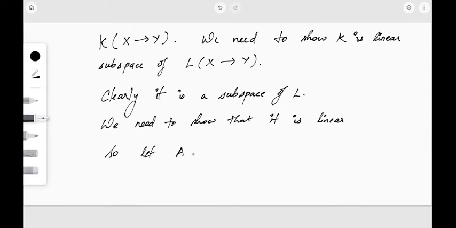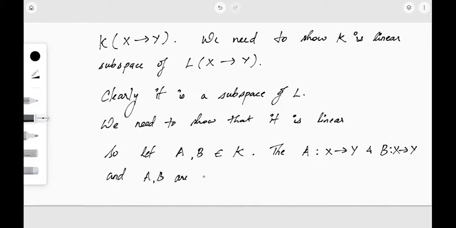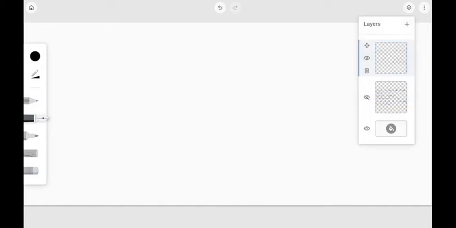Let A and B be elements of K. Then A is a mapping from X to Y and B is also a mapping from X to Y, and also A and B are pre-compact or relatively compact. So these are the things that we have. Now with the help of this we are going to prove that it is linear.